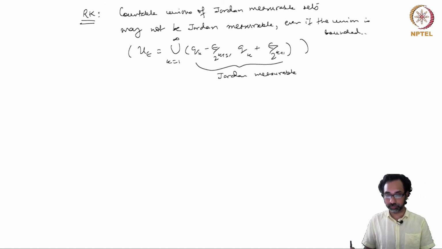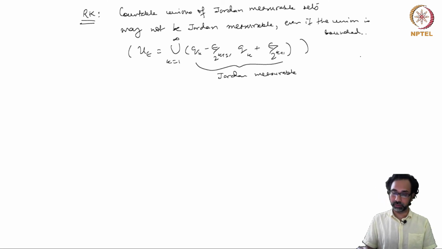One could have unbounded unions, but their Jordan measurability is not defined yet, but even if the union is bounded, we have shown that it may not be Jordan measurable. So this is the first one.